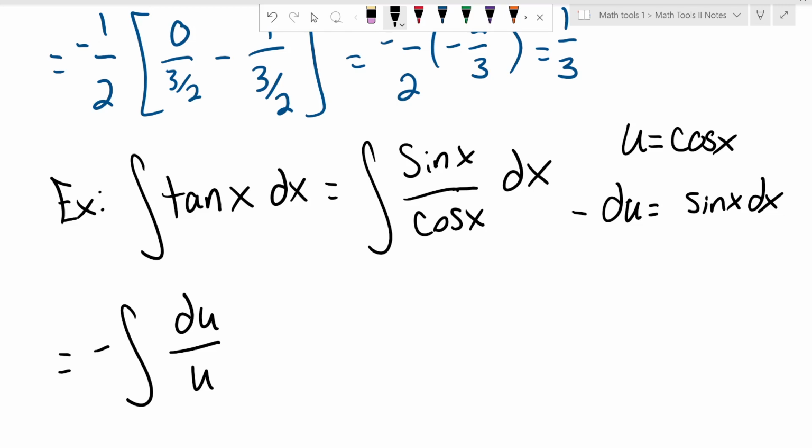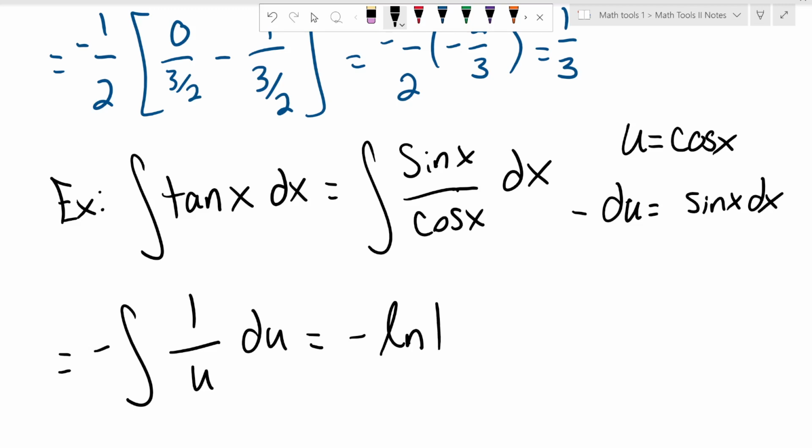So we often like to write it like this because this is kind of like the derivative of u divided by u, which is the form of the natural log. I mean, you could just write it as 1 over u du, and then same thing, right? The antiderivative of 1 over u is the natural log. So regardless of how you think about it, this is going to be negative natural log.